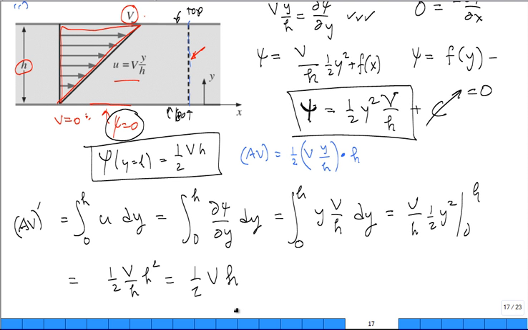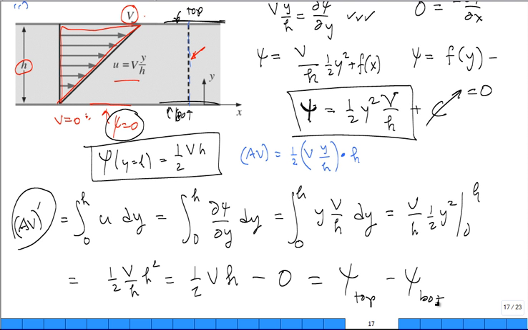And when you evaluate the lower limit, I was focusing on the upper limit, but the lower limit's 0. Guess what? The volumetric flow rate between two lines of the stream function, the stream function at the top, the stream function at the bottom, is just psi at the top minus psi at the bottom, the stream function.